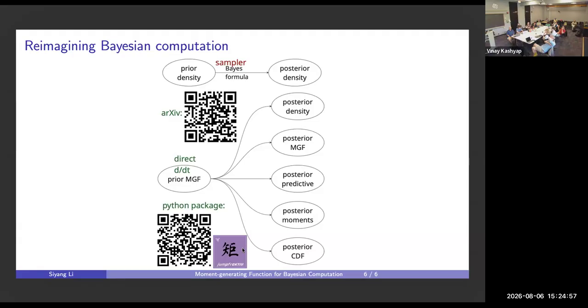Similar stories go for the posterior predictive distribution and posterior CDF, which means that we can compute all these posterior quantities by simply differentiating.